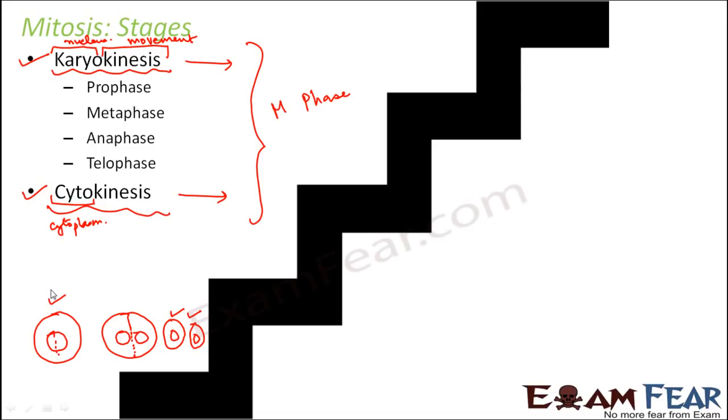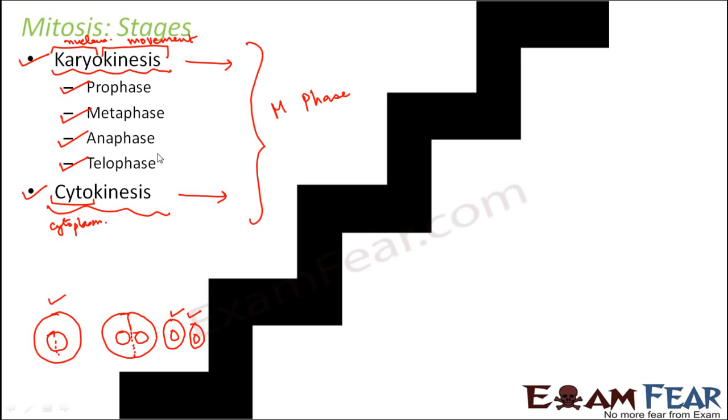Now when you talk about karyokinesis, in karyokinesis there are many steps which together lead to the division of the nucleus. So it is divided into four stages. Again, they are also not very distinct as they are very closely related. So these stages are prophase, metaphase, anaphase and telophase.